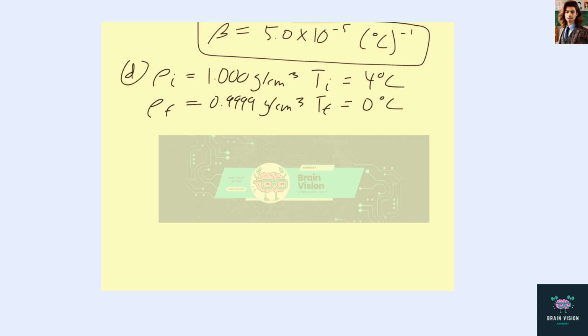Again, plug it into our equation, so our delta rho is going to be 0.9999 minus 1 over rho initial, which is 1, equal to negative beta delta T, 0 minus 4. And you should find that beta is going to be equal to negative 2.5 times 10 to the negative 5 inverse degrees Celsius.